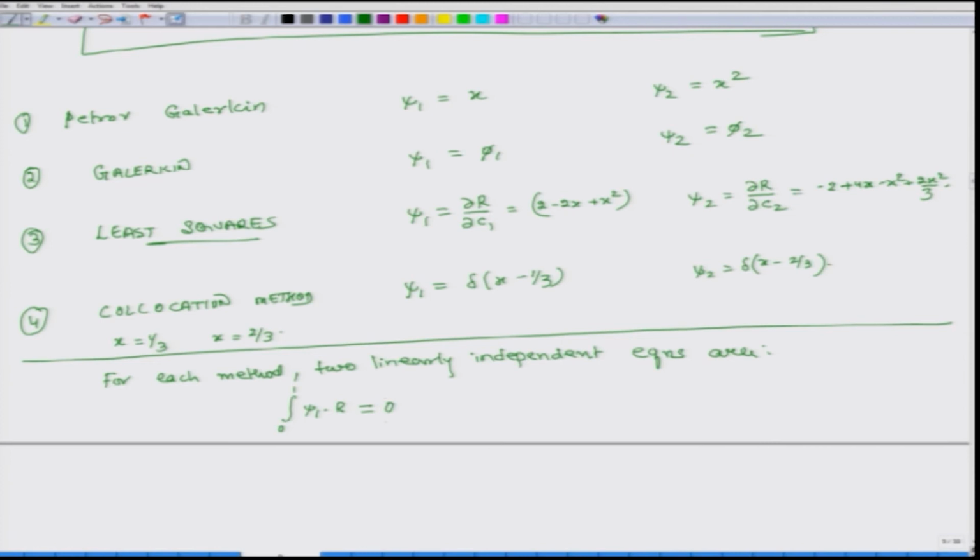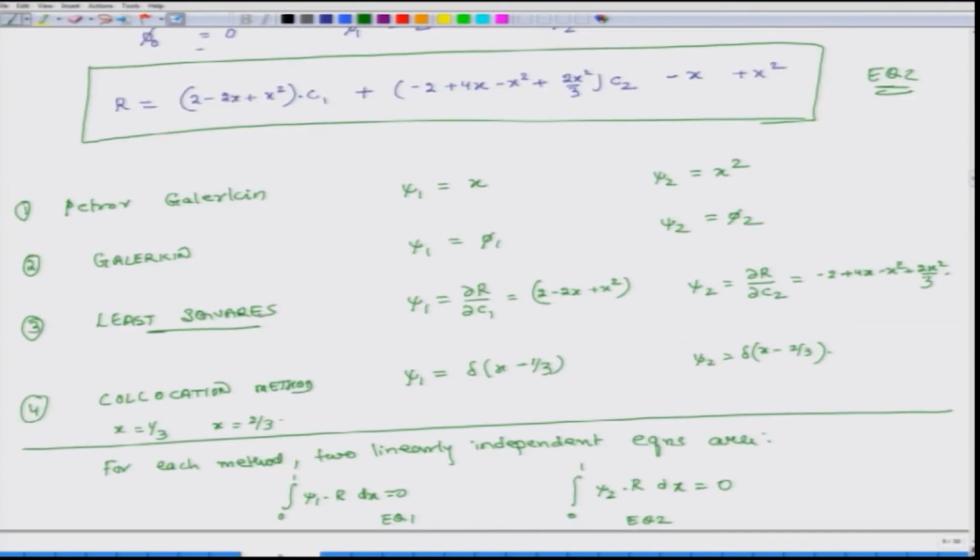So, this is equation 1, and the second equation is the integral from 0 to 1 of psi 2 times r dx, equal to 0. So, this is my equation 2.